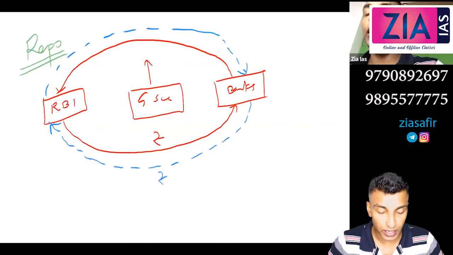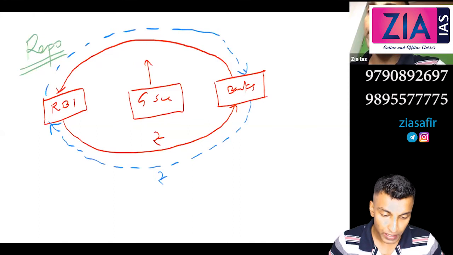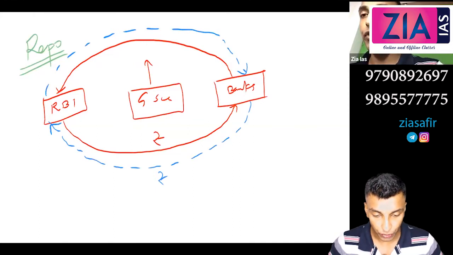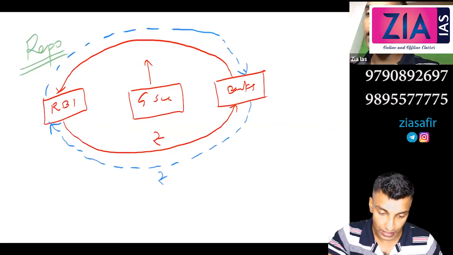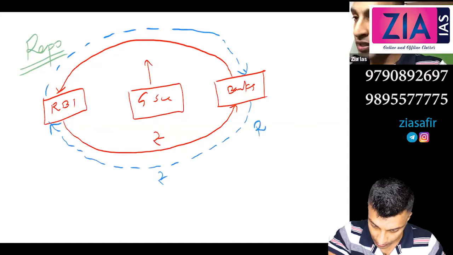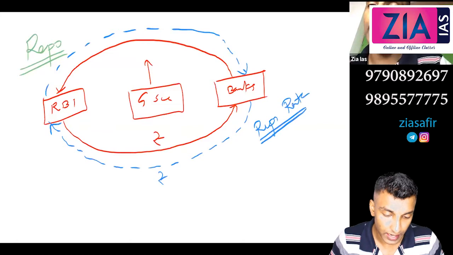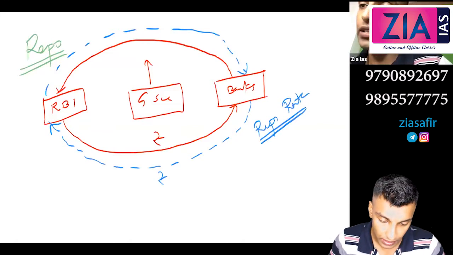So this is a repo transaction. RBI is purchasing the government security from banks and giving money. For this there is an interest rate, right? The rate at which this transaction happens is what you call the repo rate.